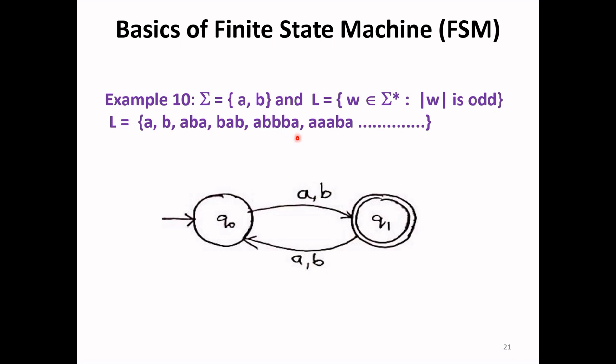The input string is consumed. It has reached the final state Q1. Hence, the string is accepted. So these are some simple finite state machines which we have designed. We'll see a few more finite state machines in the next lecture.